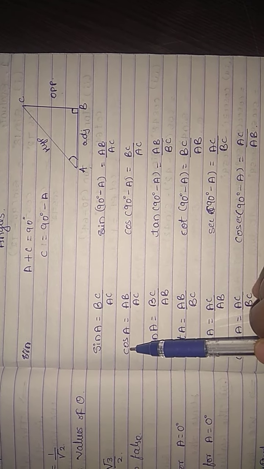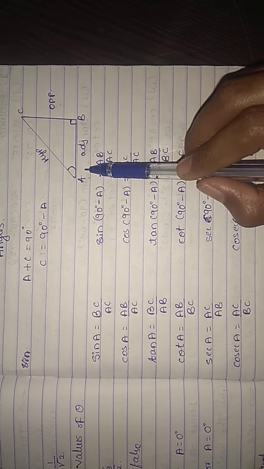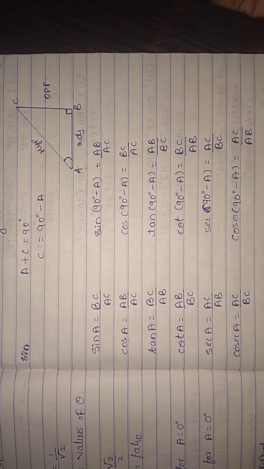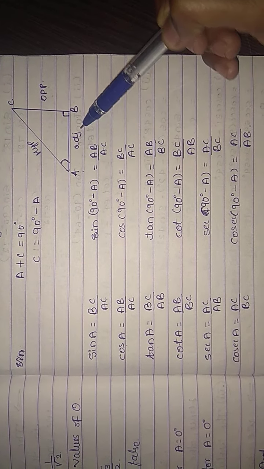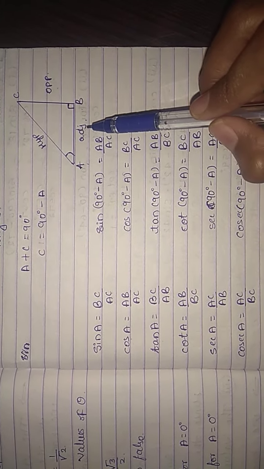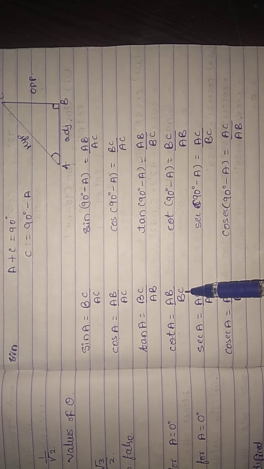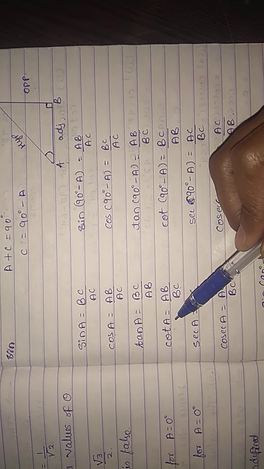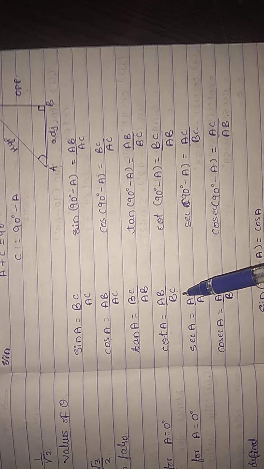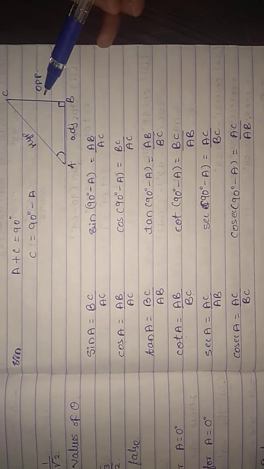Similarly, cos A is AB by AC, adjacent by hypotenuse. Tan A is opposite by adjacent, where opposite means BC and adjacent means AB. Cot A is AB by BC; the formula is adjacent by opposite.